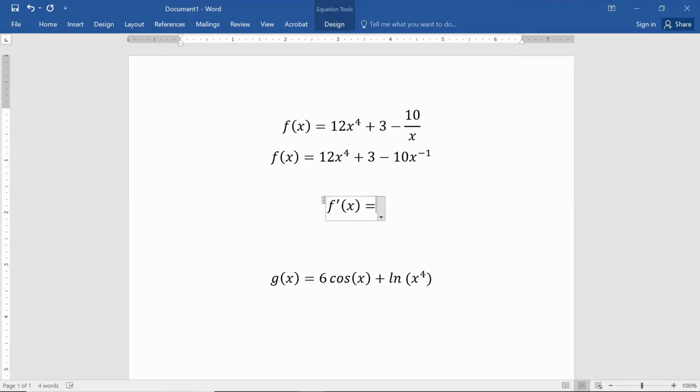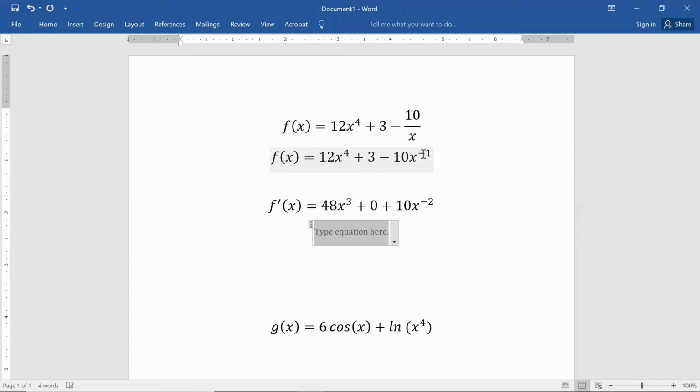So f prime is going to be 48x to the third plus 0. In that list, in this last term, this -10 gets multiplied times a -1 to become a plus 10. And when I subtract 1 from the exponent, that -1 becomes a -2.